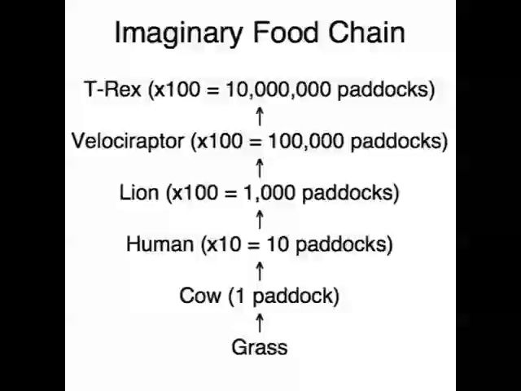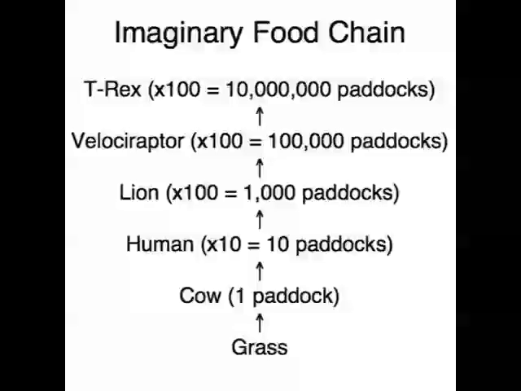But let's extend the food chain one more time and say that a Tyrannosaurus rex eats the velociraptor. And again, we'll say that a T-Rex needs to eat 100 velociraptors in a year to survive.